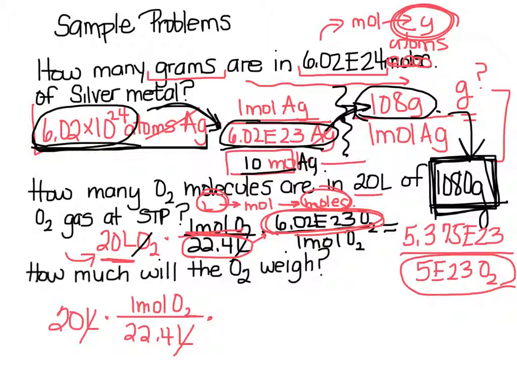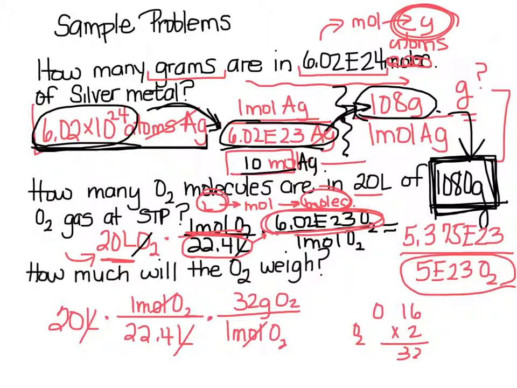Liters will cancel, but this time they want to know how much it weighs. And so if we go to the periodic table, we're going to find that oxygen weighs 16, and there's 2 of them in O2, so that's 32 grams. So 1 mole of oxygen, this way moles will cancel, weighs 32 grams. So to solve it, we will then take this number.